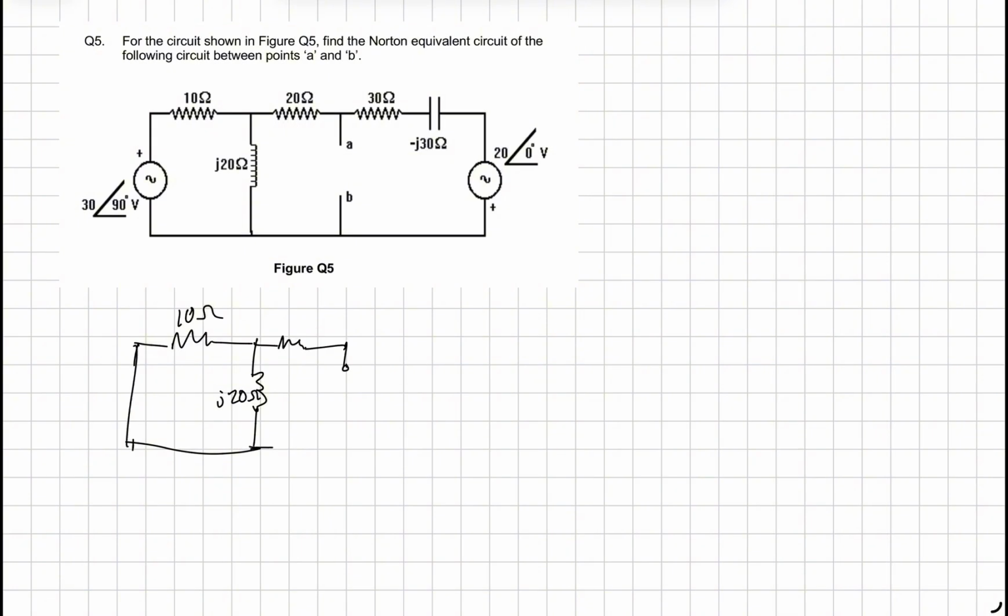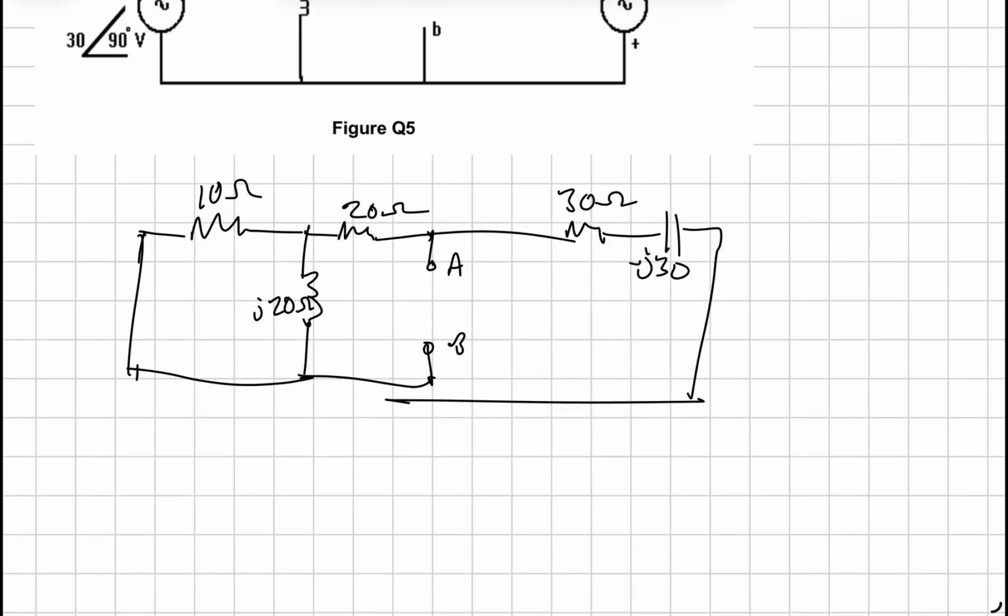Go for here. A, B, 20 ohms, 30 ohms, minus J30. Okay, so there's a lot of component values. It looks quite intimidating, right? But it won't be that bad once you get through it.